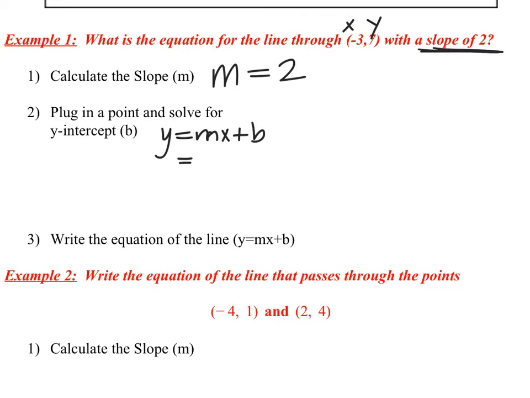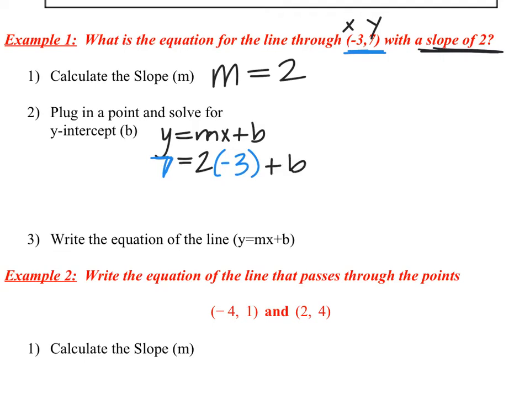I'll do the point in blue. 7 is y, my slope is 2, and my x value is -3. So I'm just taking it and putting it in the equation since that's the line that goes through that point.